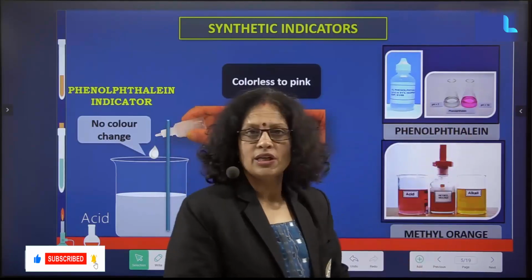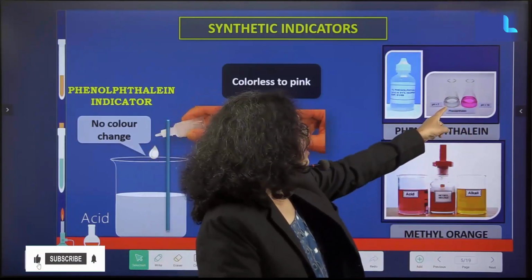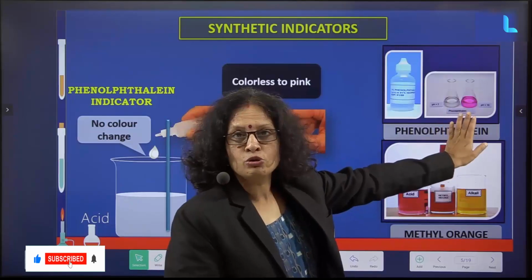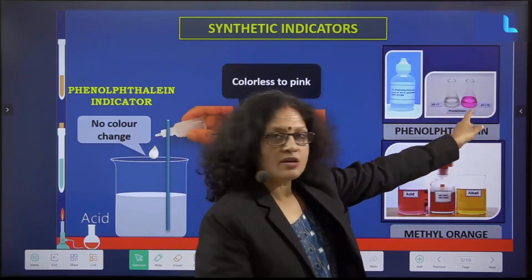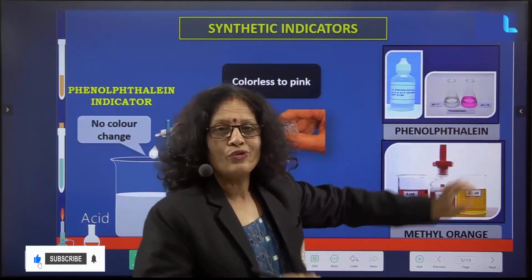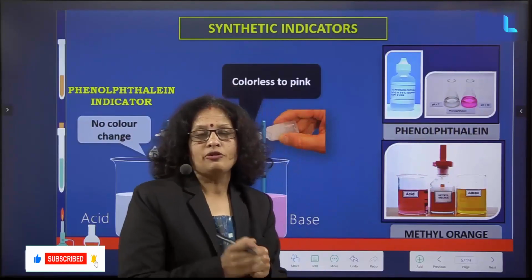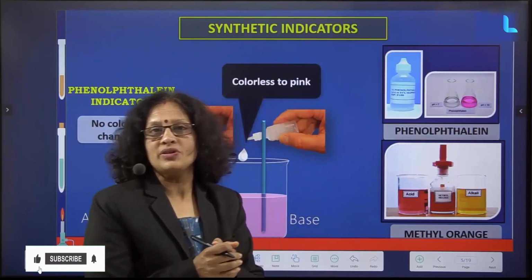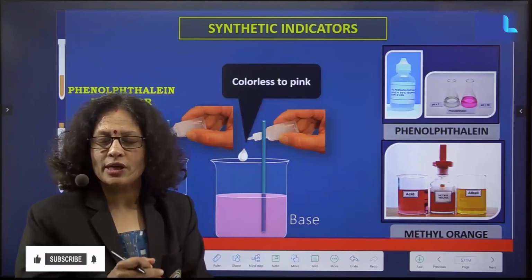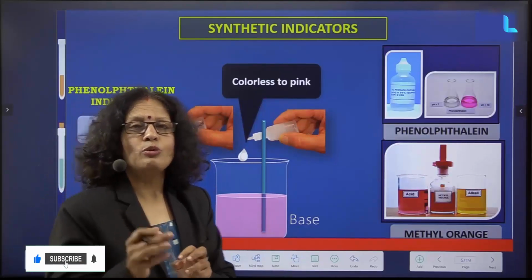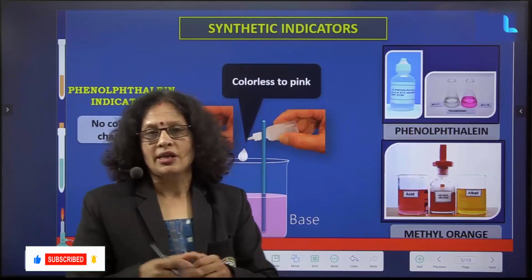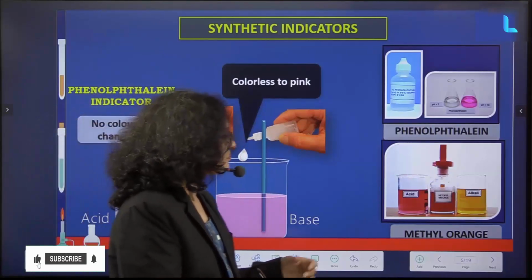When we add phenolphthalein indicator to both, with water it does not show any color change, and with basic medium it shows pink color. So what is our conclusion? Phenolphthalein gives pink color in a basic medium. Phenolphthalein is the name of an indicator which you will commonly use at school levels.